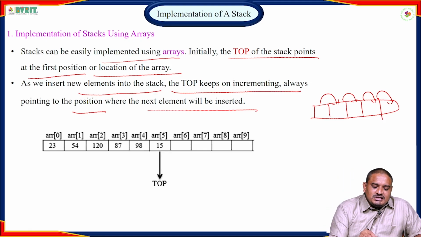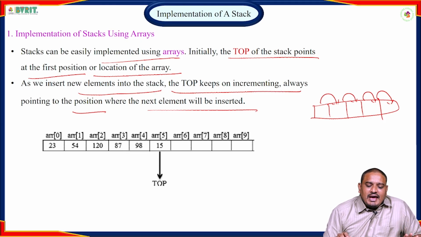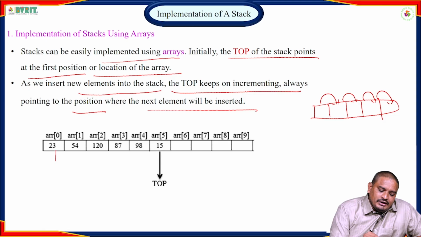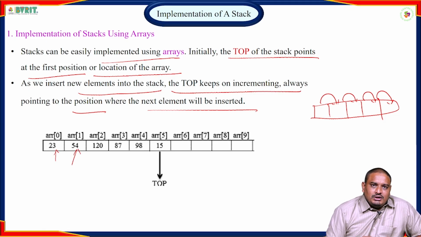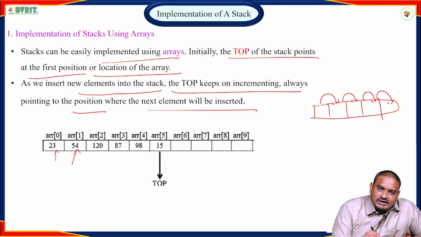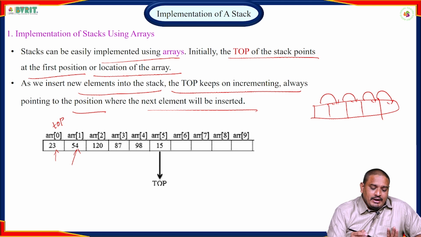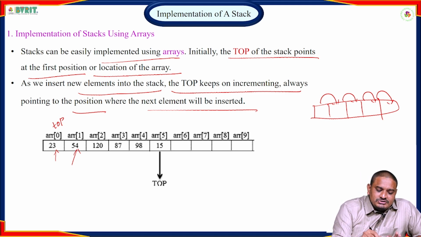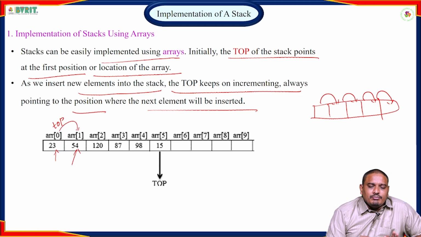Here is a simple example of a stack using arrays. First, we insert the element 23. Next, we insert the element 54. The first element inserted is 23, and this is the top. When we insert 54, the top position is incremented by 1.